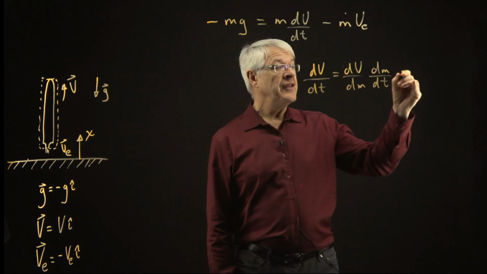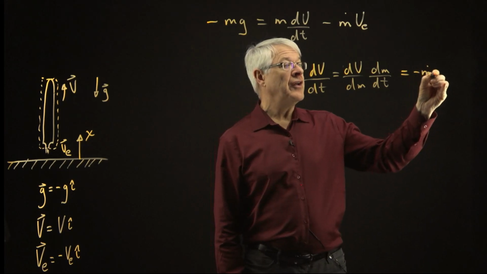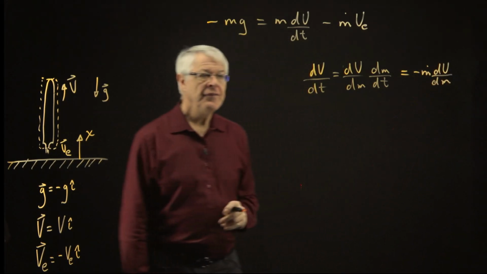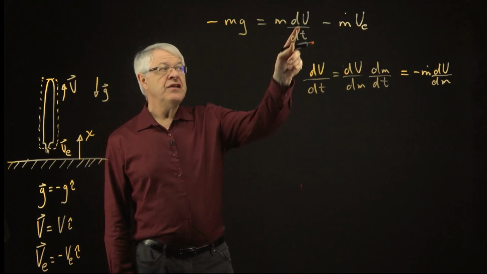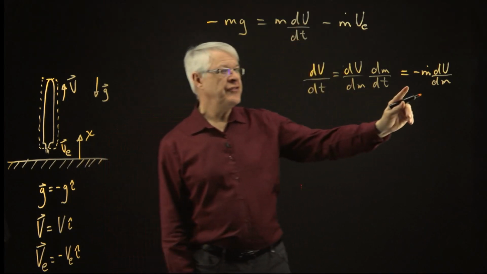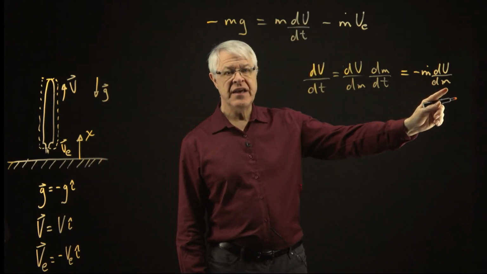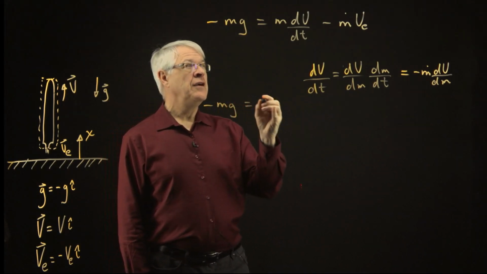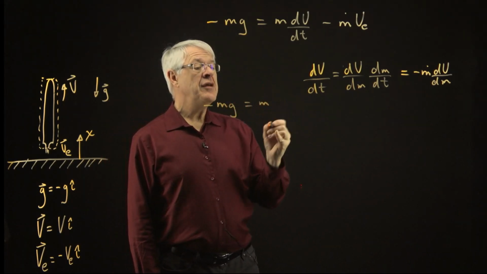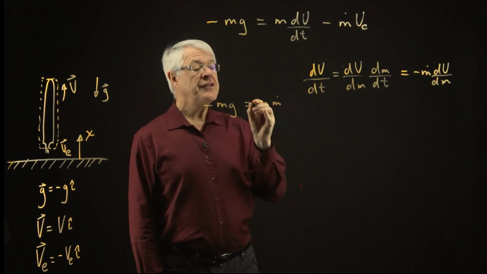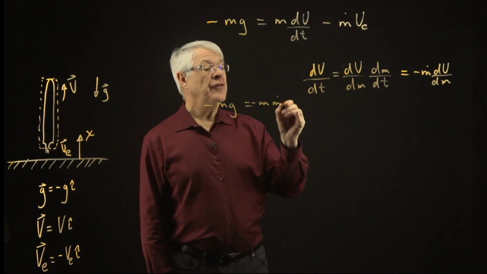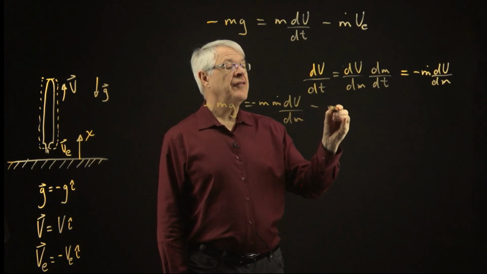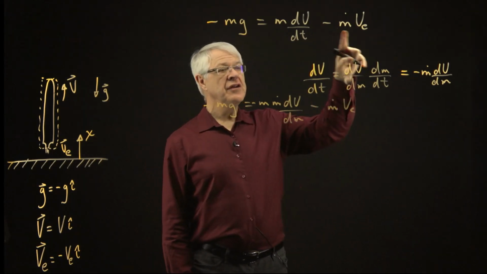So I can write this as minus m dot dv/dm. All right? So I'm going to take this dv/dt and replace it with minus m dot dv/dm, and we'll see what we can do with that. So we have our m and our m dot, negative in front of that, now times dv/dm. And we still have m dot ve here coming from there.